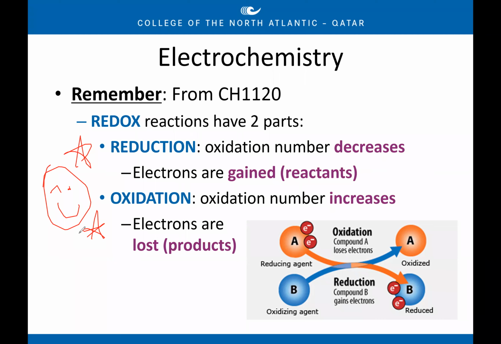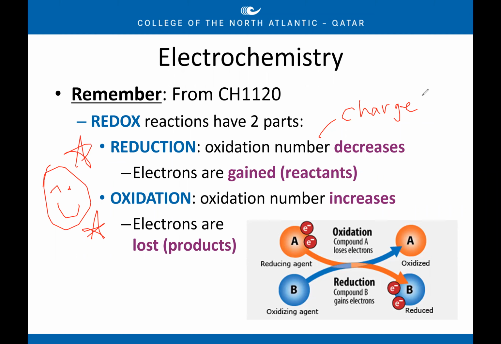Reduction is when the oxidation number, which is a fancy word for charge, of your chemical decreases. So reduction is when electrons are actually gained. And I know that sounds confusing. You're thinking, electrons gained, why do they call it reduction?